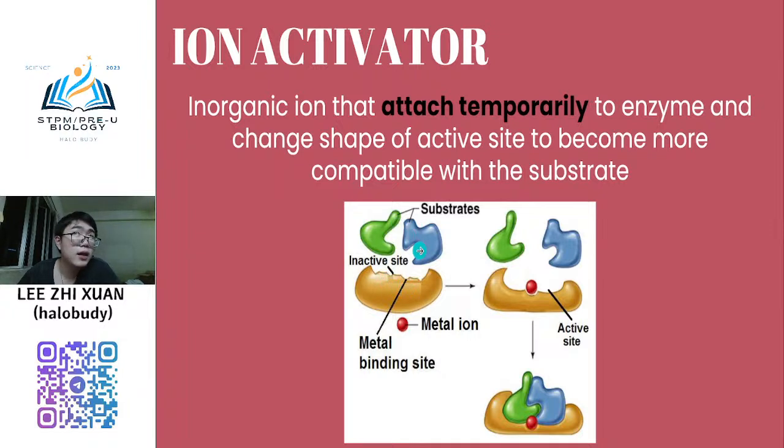It needs to change shape first, then it can fit the substrate. This alteration is caused by, for example, an ion activator. If a metal ion binds to the enzyme, then it can change the shape. If not, the enzyme cannot, in certain situations.